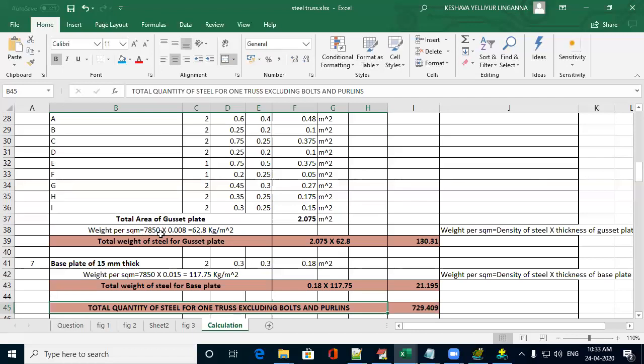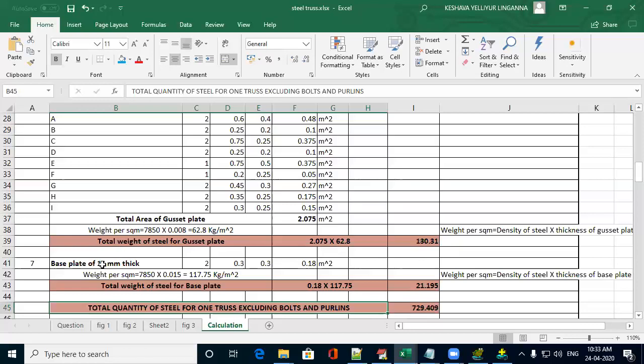Sorry, kg per meter cube. You know the thickness of the gusset plate is 8 mm. Convert it into meters, that comes to 0.008. If you multiply these two, you will get the weight in kg per meter square. Our area is also in meter square. If you multiply these two, you will get the weight of the steel in kgs. So I have done that. I got 130.31 kgs. Now this weight is in kg.